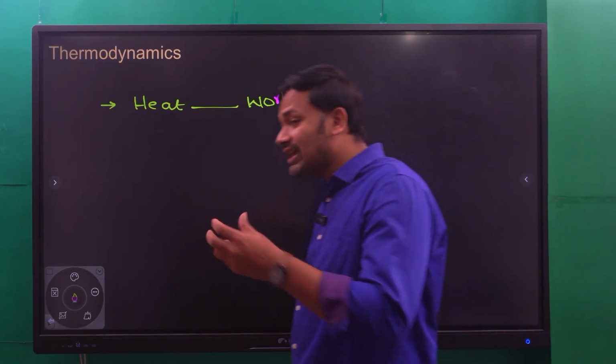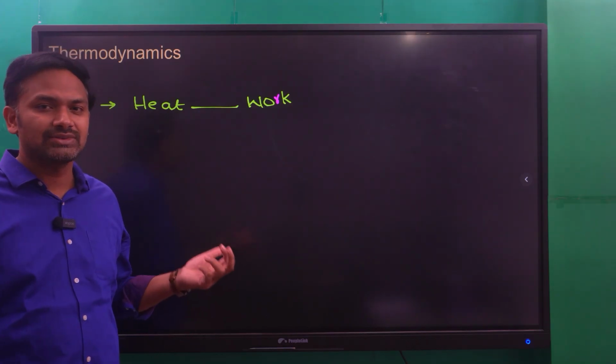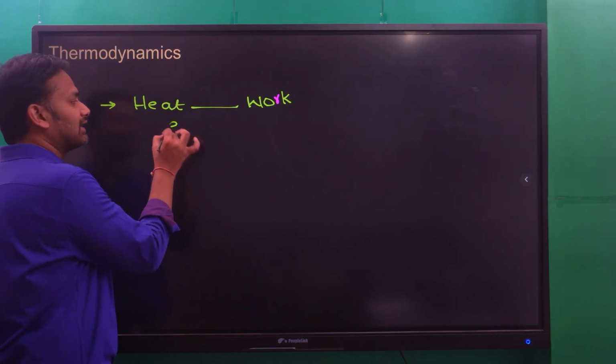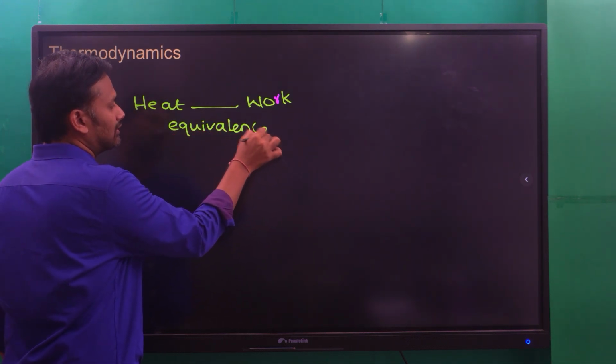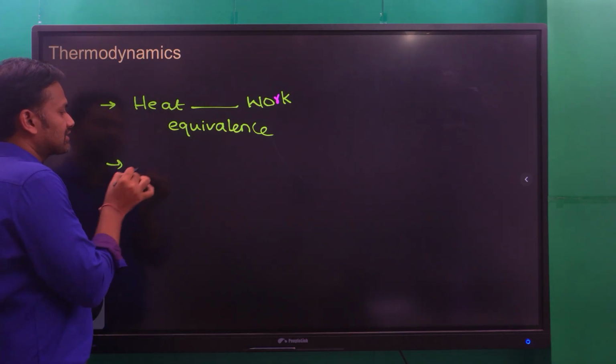But how they are made equal to each other, in this chapter we are going to learn that. How we are going to get that equivalence. What are the topics we are going to discuss here?